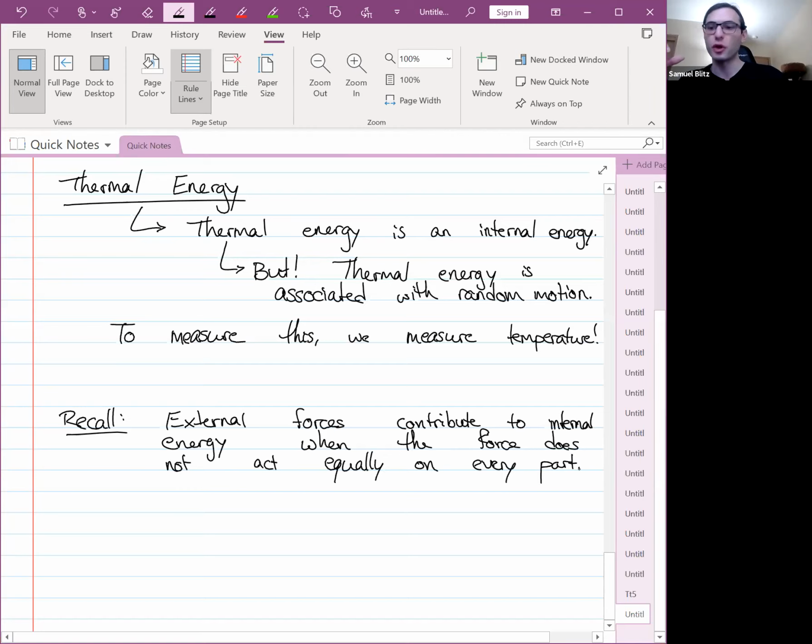Thermal energy, so there's a formula for thermal energy in terms of temperature, but you'll learn that in 9b. So in the example of the two masses, if you just push on one of them and you don't push on the other, that contributes to the internal energy of the system. If you had pushed on them both equally, then the internal energy of the system would have been 0. You wouldn't have changed it. When the accelerations that you get from the forces applied are the same on every particle, then the entire center of mass accelerates, and there's no relative motion relative to the center of mass.